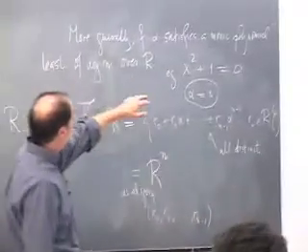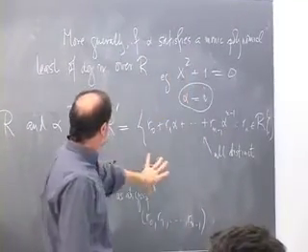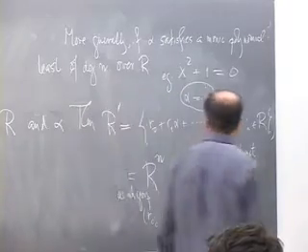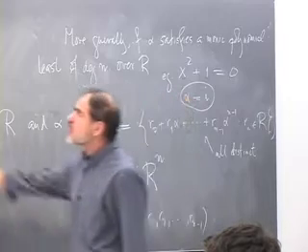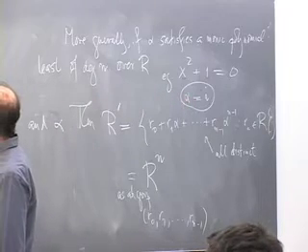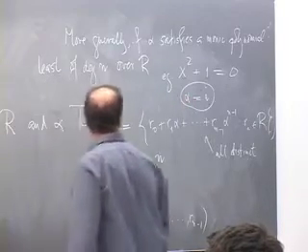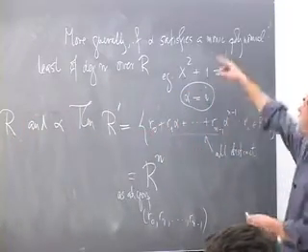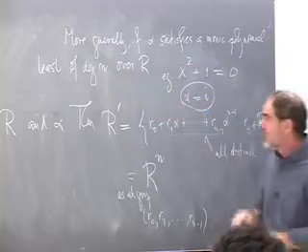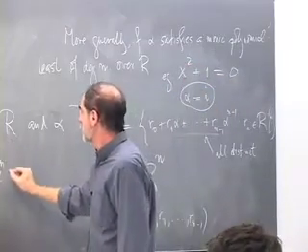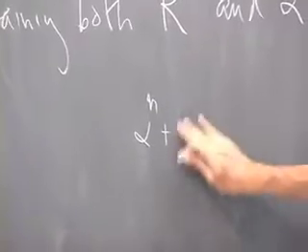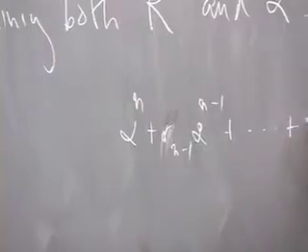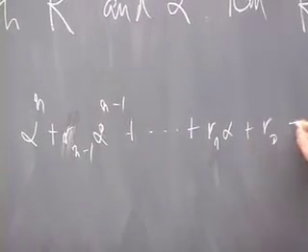But if it satisfied a polynomial of degree 2, then this ring would look like two copies of R with a multiplication. And the reason is that this ring consists of all polynomials in alpha, but once you get to alpha to the n, it can be expressed as a polynomial in the smaller powers of alpha, because it satisfies a monic polynomial of degree n, which says that alpha to the n plus R(n-1) alpha to the n minus 1 plus ... plus R1 alpha plus R0 is equal to 0.